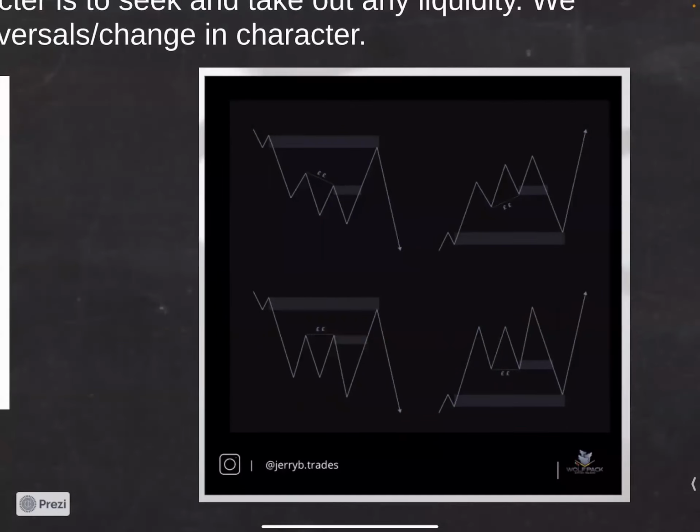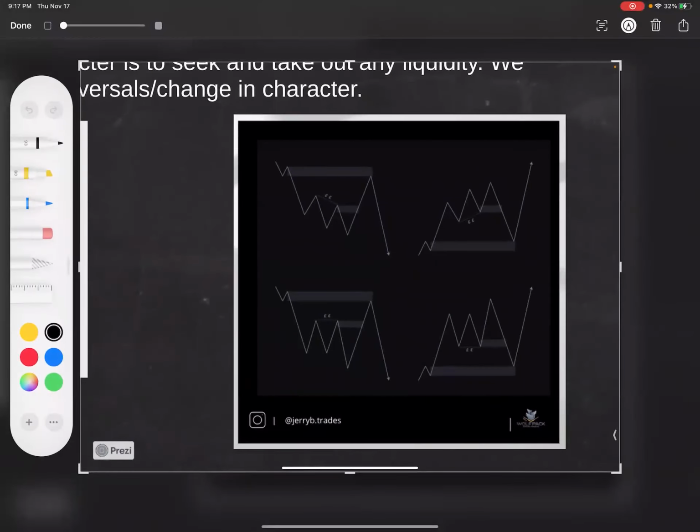So as we can see here, we have different forms of liquidity. In these examples, we have our trendline liquidity and double top liquidity.